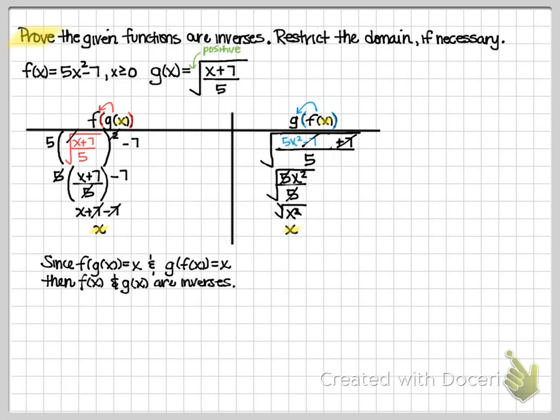That whole thing, table, the identification of the f of g of x and the g of f of x, going through and showing every single step and then writing our final statement at the end, that is the proof for this problem.